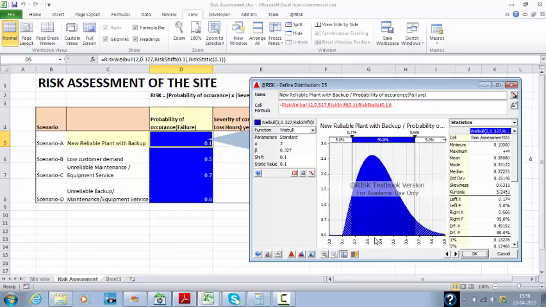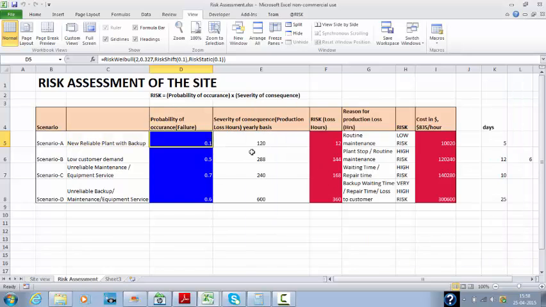So this is the range we will be working on. So the probability of a failure of a new plant is within this range. But as you can see, the severity is low. The reason being, we have a reliable backup. So you can either work on the probabilities, or you can work on the severity of consequences.